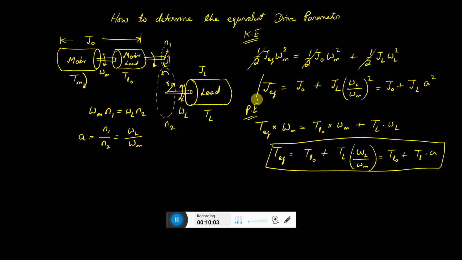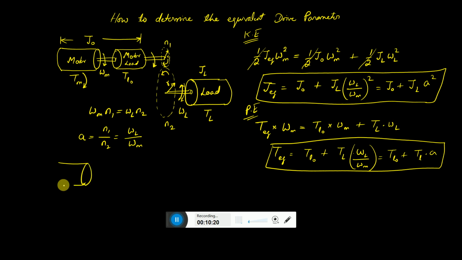And equivalent inertia. So far we have considered only rotational motion, where one shaft is connected to the motor load, or a shaft is connected through a gear to another load. This picture can be represented in the book like this: the motor connected with a gearbox, and the gearbox connected with the load.